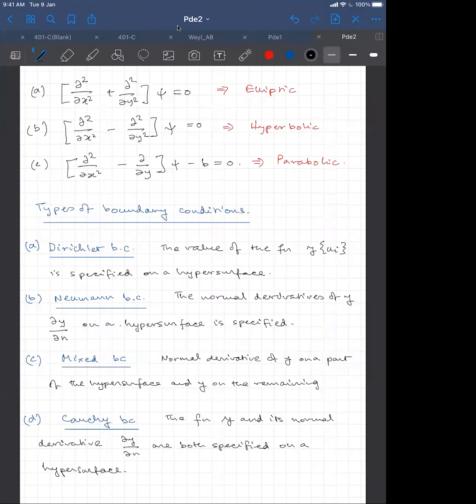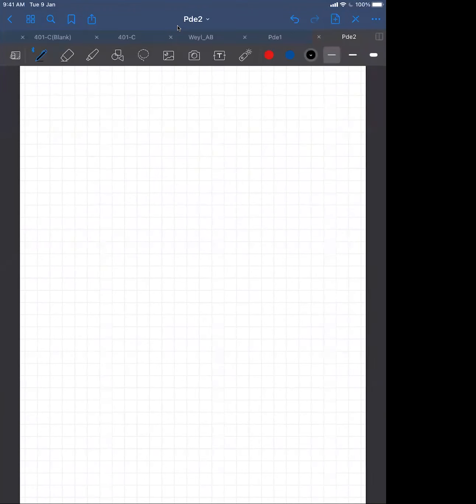So let's look at an example now, okay? Let's take 3 independent variables, x, y, and z, okay?